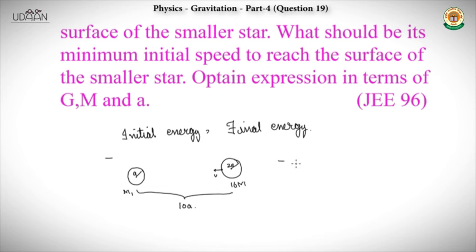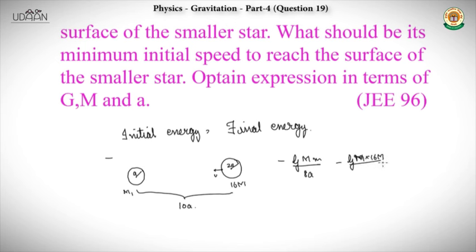So initial potential energy will be minus G m into small m upon r, where r in this case would be 10a minus 2a, that is 8a. So G m m upon 8a, minus G m into 16m.